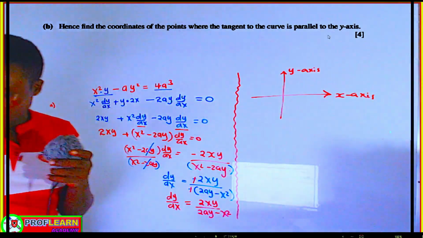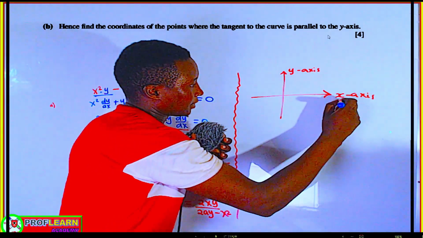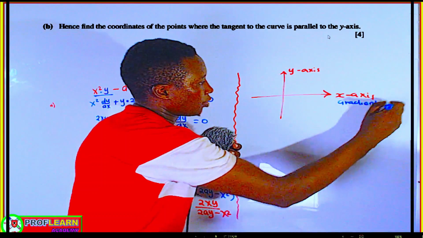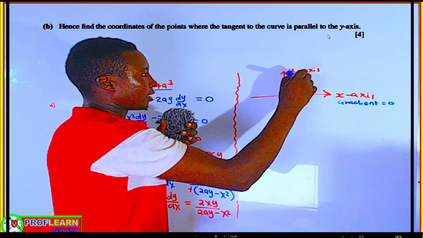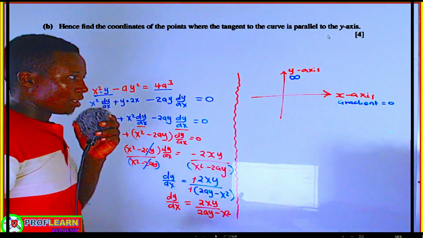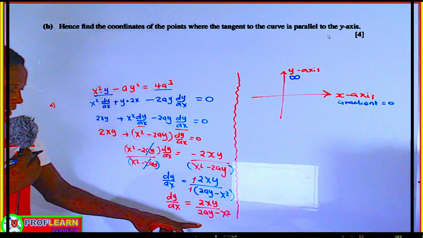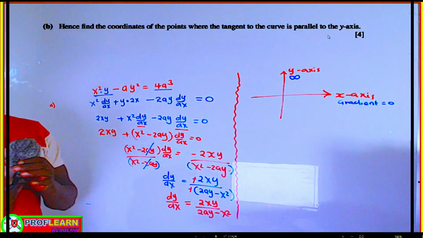What you need to remember with this kind of question is that the gradient of the x-axis is 0, and the gradient of the y-axis is infinity. So what you are being told here is about the gradient of the function.